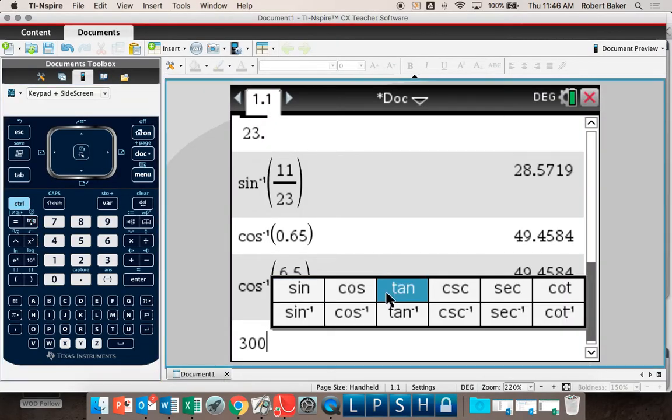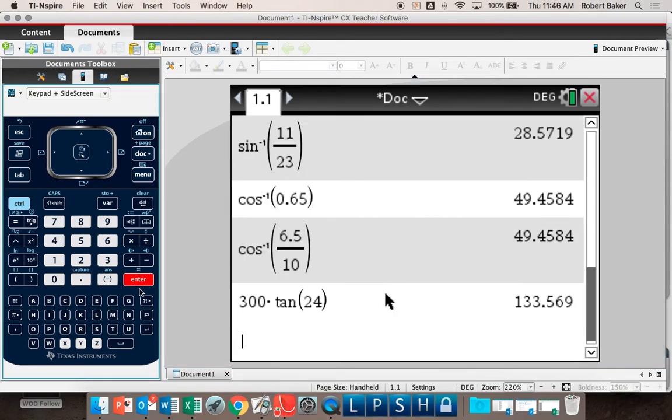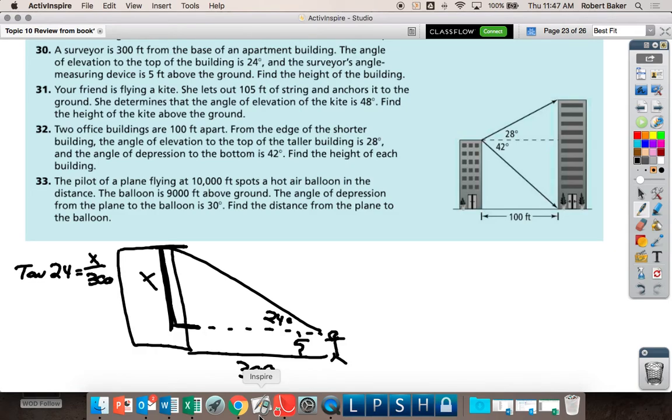So that's the height of the building from where the surveyor's device is to the top, 133.56 or 133.57. And you still have to figure out the extra 5 feet, so it's 138.57.